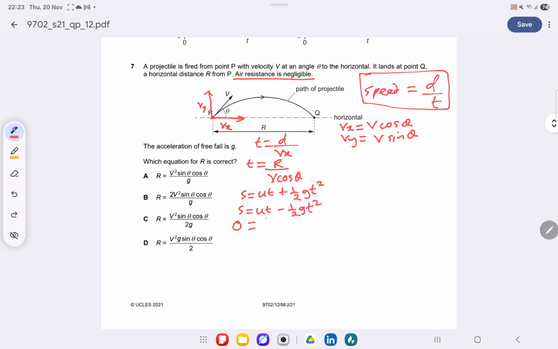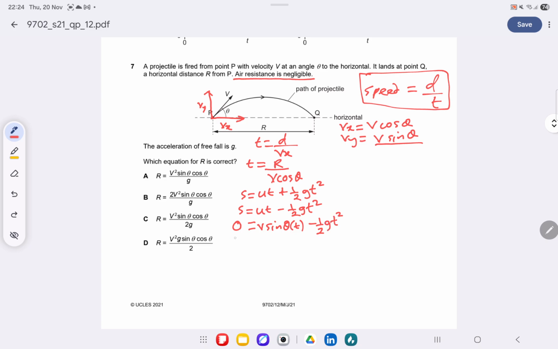Equal to our initial vertical velocity, which is Vy, which is V sine theta, times our time, minus half gt squared.